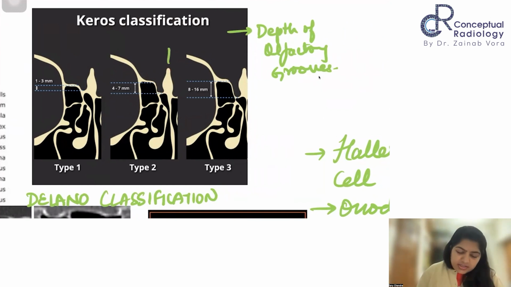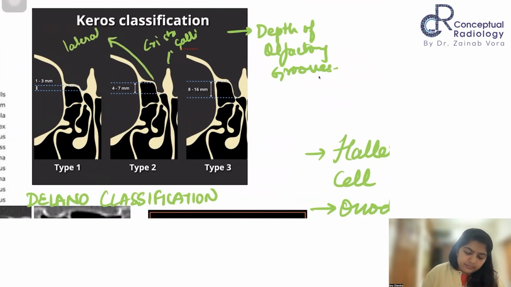This structure is the crista galli, and this is your lateral lamella. These are the bony landmarks. Between these two, you have this groove, and this is your cribriform plate.